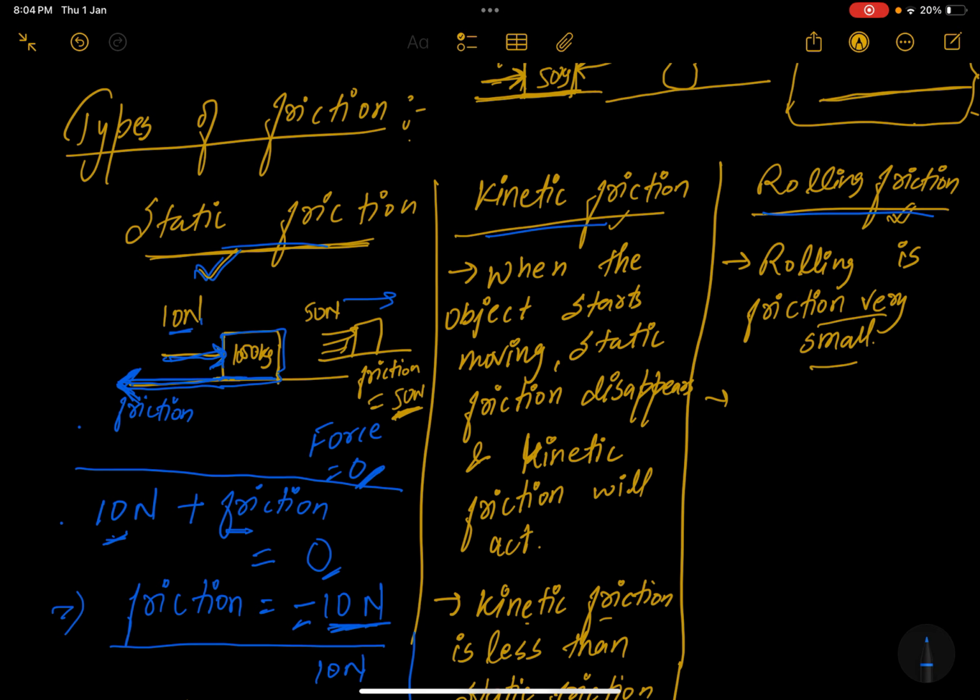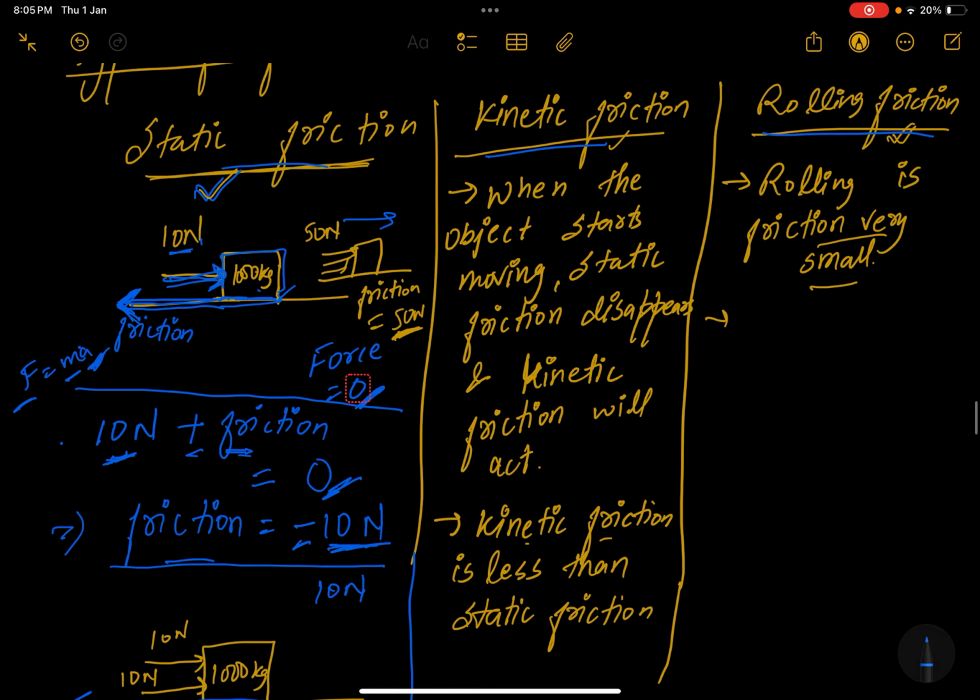So if we apply Newton's second law to this, let's see what we get. 10 Newton applied by me plus friction is equal to 0 because this object is at rest. And what is the formula? F equals ma, that is total force equals mass into acceleration, and acceleration is 0 for this, so we have written 0. So we get friction equals minus 10 Newton. Minus is just for sign that it is in the left direction. So here friction is 10 Newton.